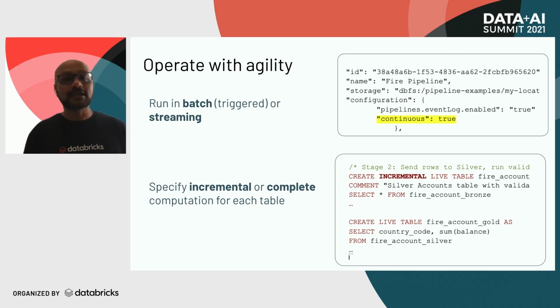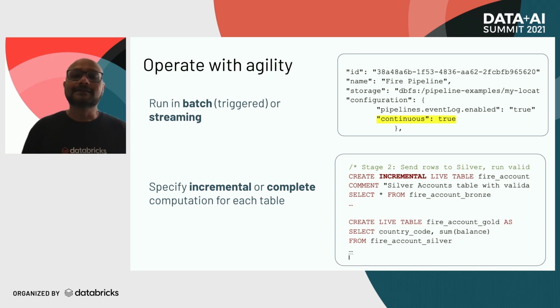That's great for the initial part of your pipeline as the data is flowing through, maybe even to silver tables where you're doing scalar processing. But when you go to the gold table, you may want to recompute all the aggregates that you have there, so you have a consistent view and your dashboards are reflecting consistent data. For that, you might do a complete computation, which means that particular table will read all the data from the preceding table and recreate all the calculations.